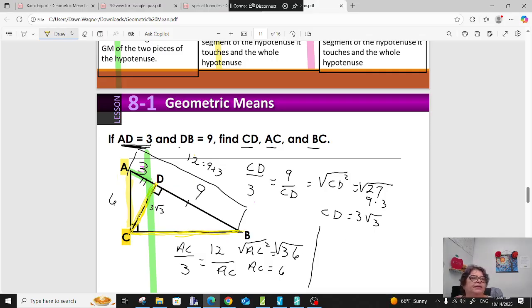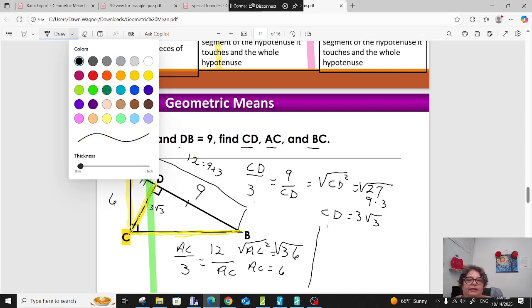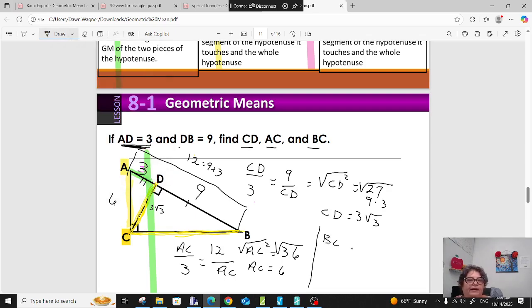So I see BC up, and I see BC down. I need the side it touches and the whole hypotenuse. What side is BC touching? Here's BC. It'd be 9, which is BD, and then the whole hypotenuse is 12.